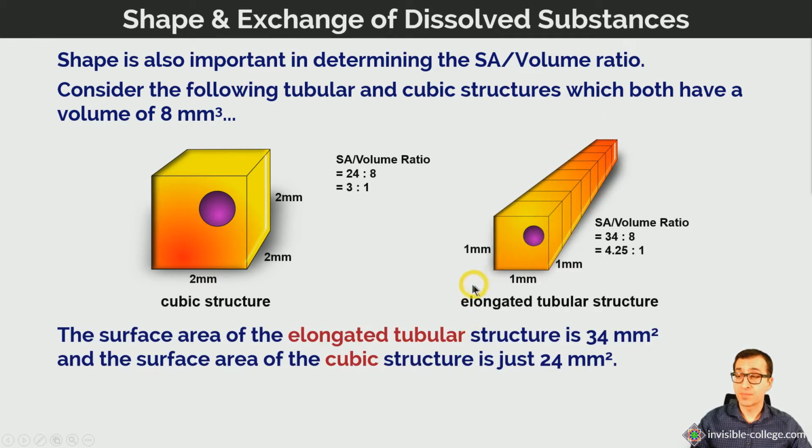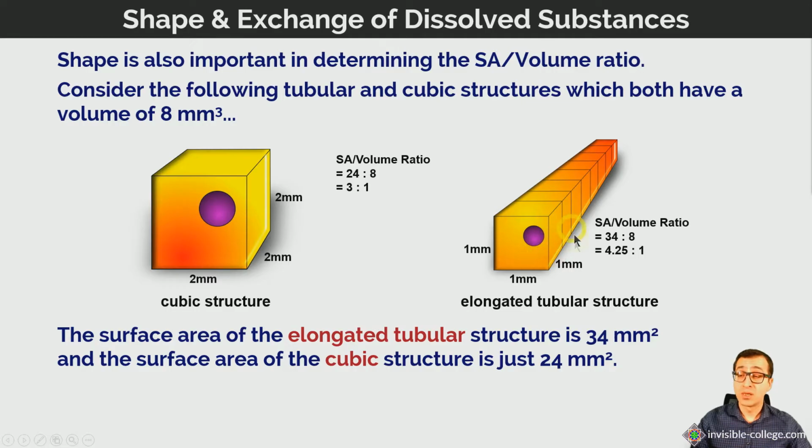tubular structure like this. So if we look at what this does to the surface area to volume ratio, we now see that the total surface area of this structure is 34 square millimeters. We have the ends, so 1 square millimeter here, 1 square millimeter at that end, and then we have 8 times 4 for the sides of this structure here.